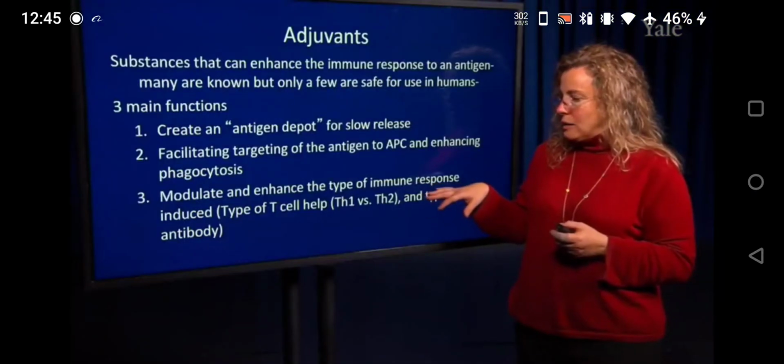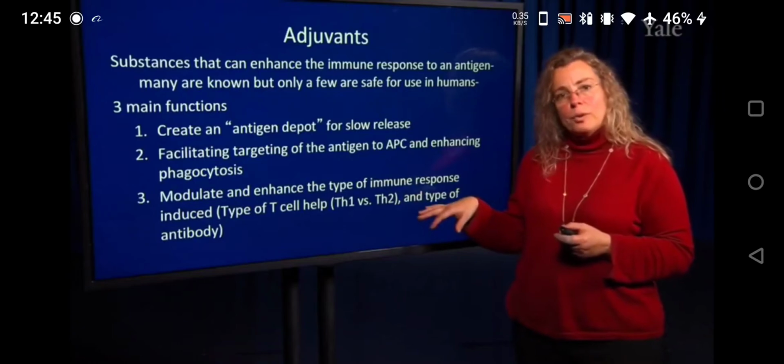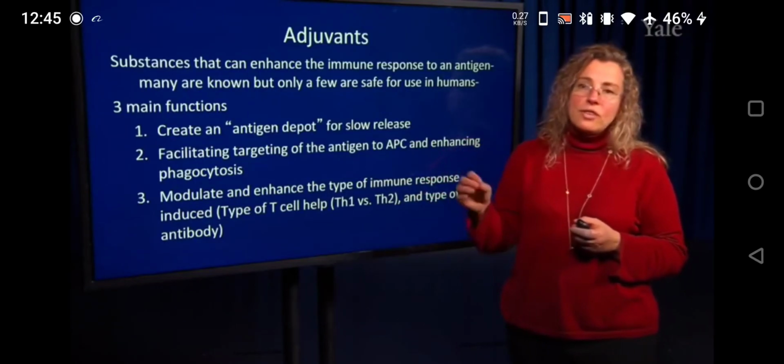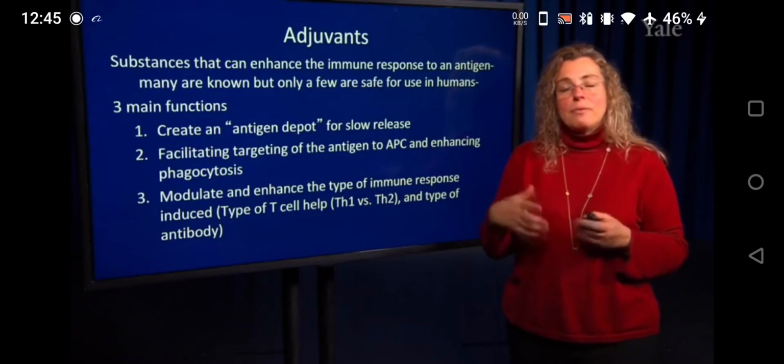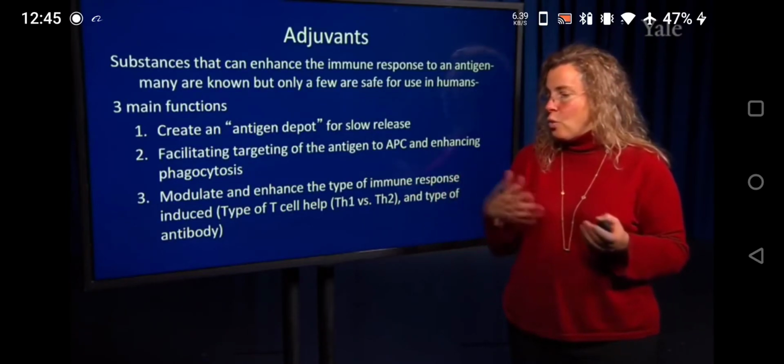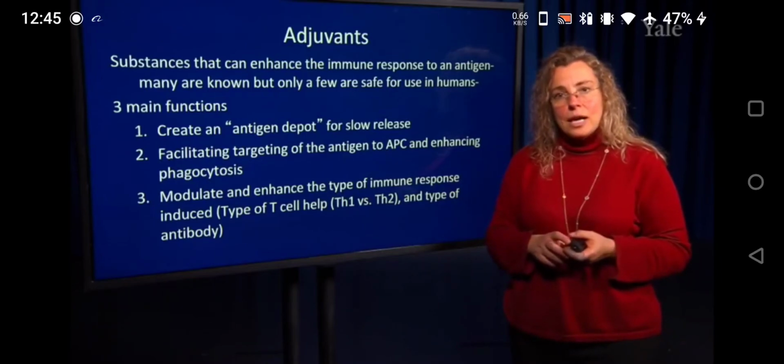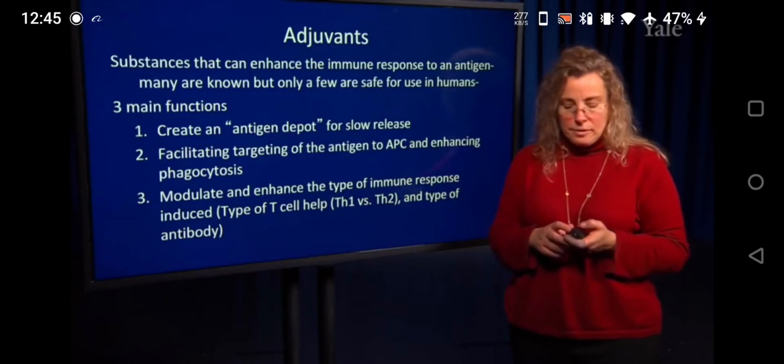Whether you want different types of T cell help, for instance, which is important for the type of antibody you might generate, and that matters for the type of infection, whether you want more of a Th1 or a Th2 type antibody response. So, why do we need adjuvants and for what types of vaccines? Again, anything that's not a live vaccine, so not attenuated and not a viral vector vaccine, needs an adjuvant.